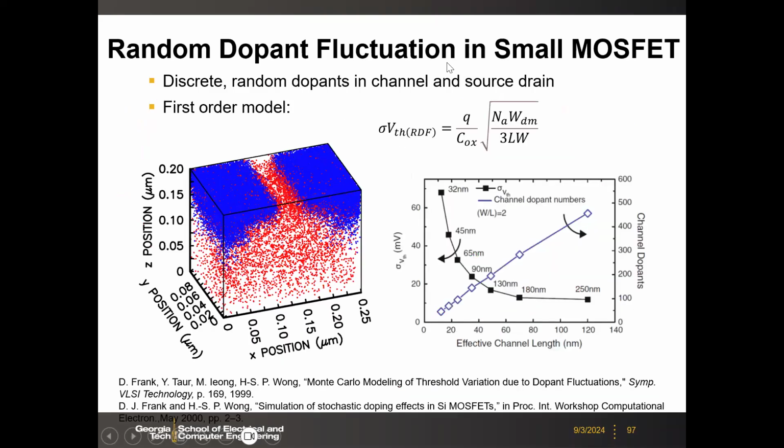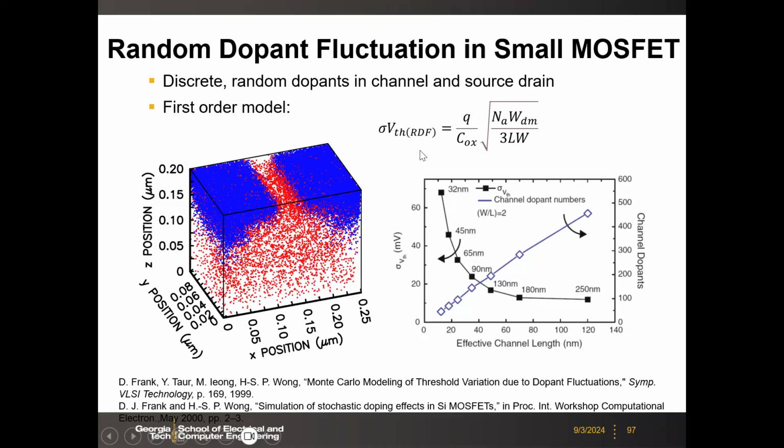So, random dopant fluctuation. This is how you look at the dopants. Let's say the red ones are the dopants. You may have hundreds of them inside the channel, but as you scale the technology node, you may only get dozens of those dopants in this small dimension. That will give you variation of the threshold voltage.